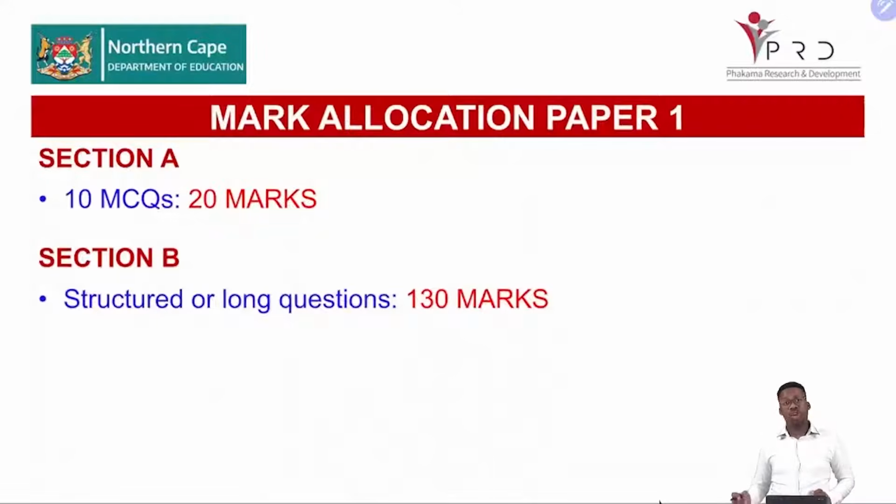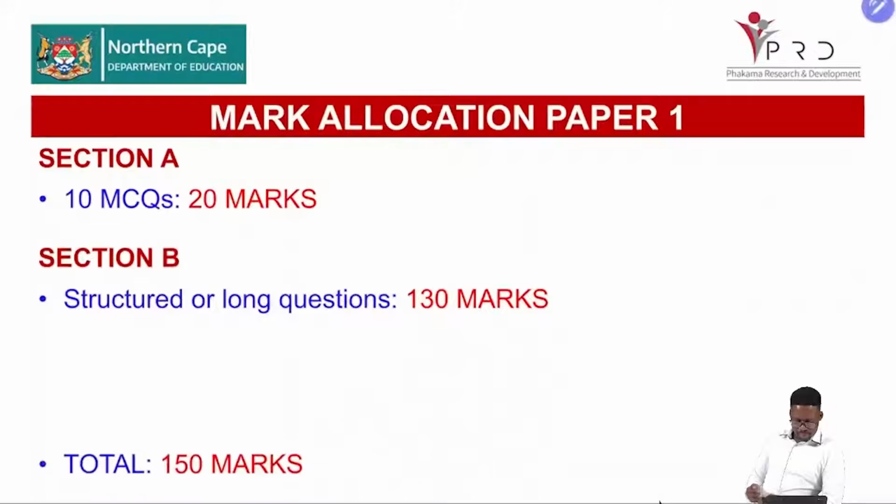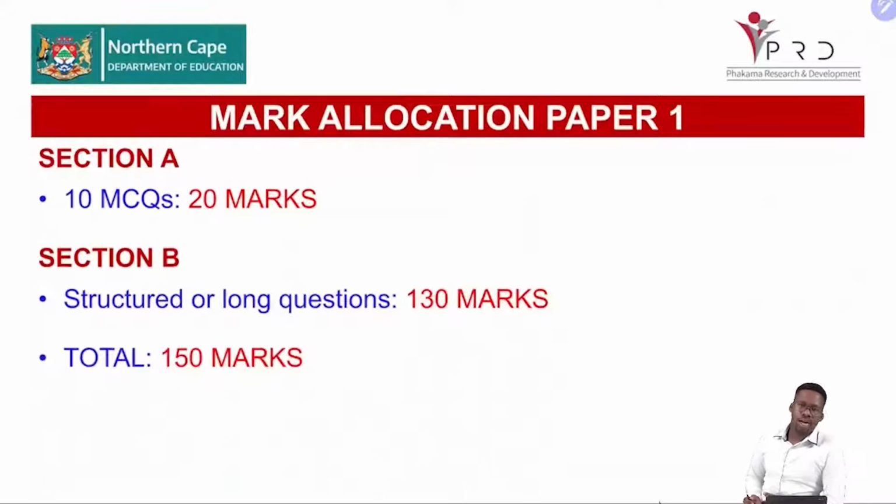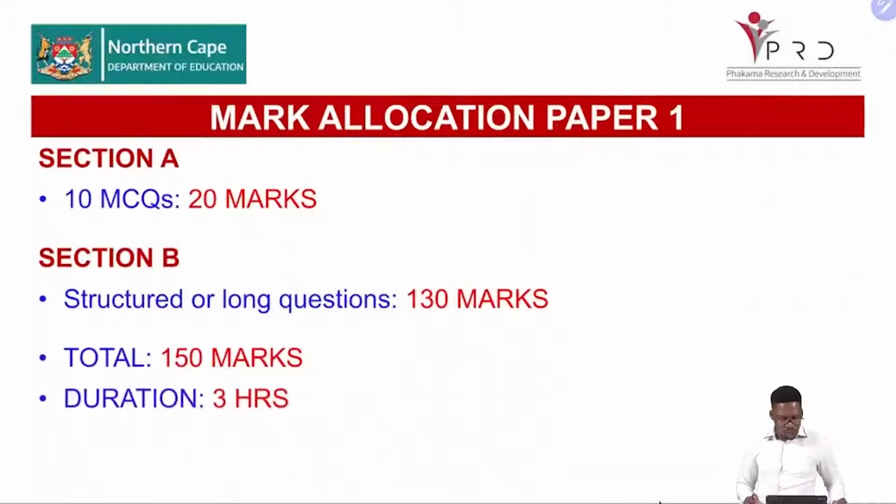So the importance of multiple choice is that we must make sure that we answer all the multiple choice questions, because each question caters 2 marks, and 2 times 10 will give you 20. Then the total will be 150, as I have alluded to you. You will write this paper for the duration of 3 hours.